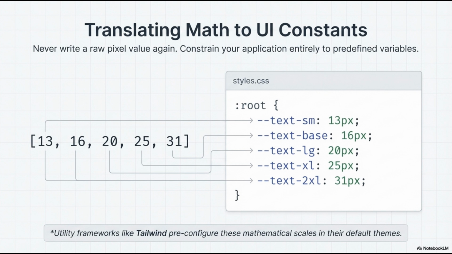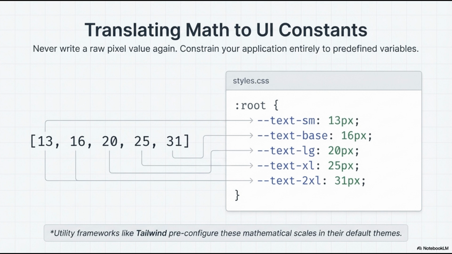Or, if you're using a utility framework like Tailwind, these scales are already mathematically pre-configured in the default theme. So you never write a raw pixel value again. Never. And the big takeaway here is that the specific ratio, whether you use 1.25 or 1.333, is less critical than the strict adherence to the system itself. Because the sizes are mathematically tethered to one another, the interface intrinsically feels cohesive, connected. It's a beautifully constructed system.